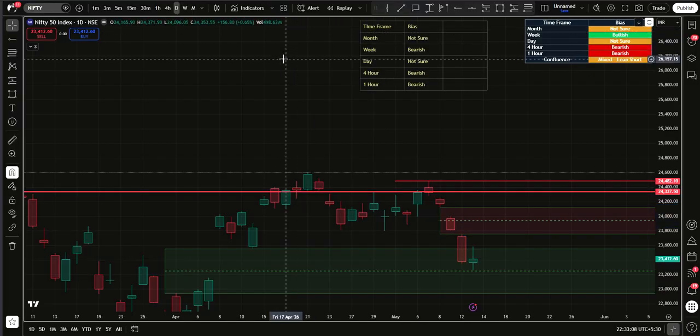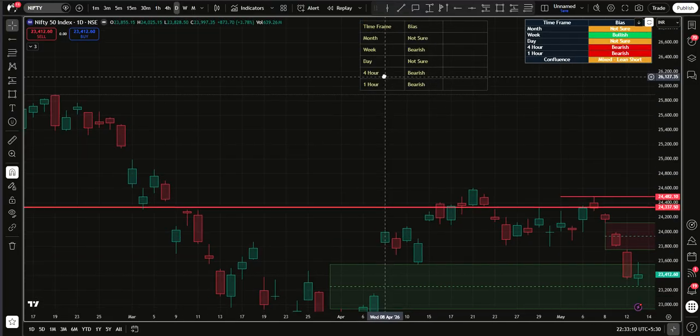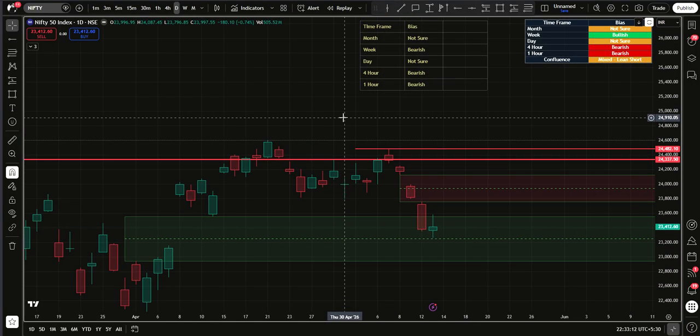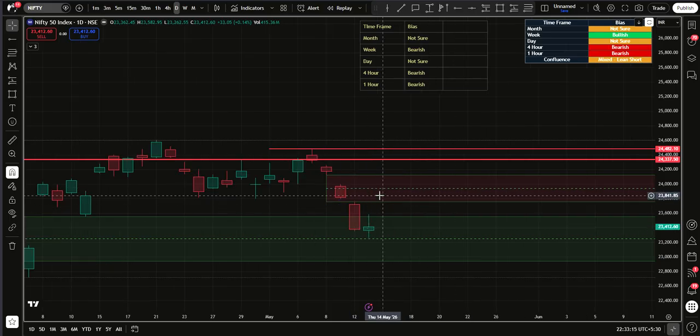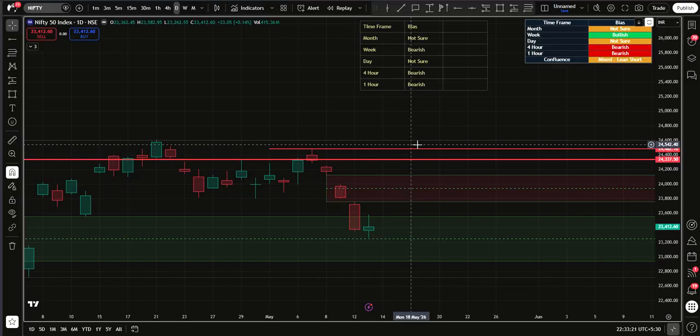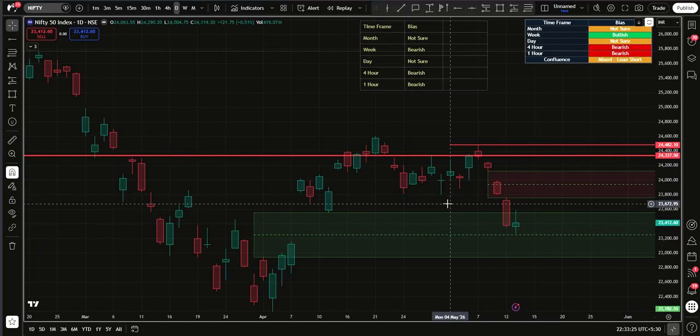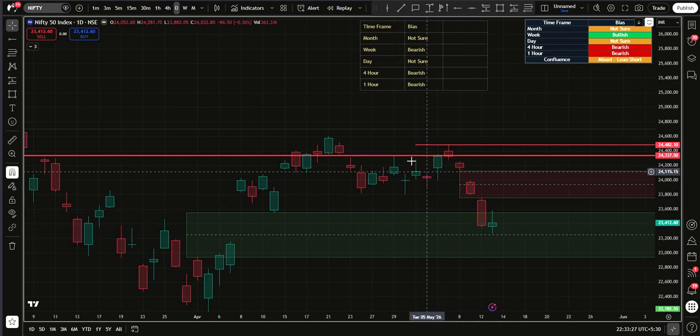I'll mark it in red. So even if Nifty decides to go up, there's a large pool of sell order liquidity here. Then there's sell order liquidity here. Then these are the big sellers out there. Doesn't look good for Nifty on a weekly and daily time frame.